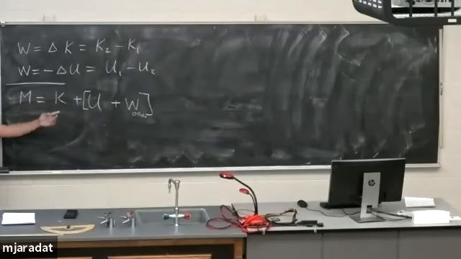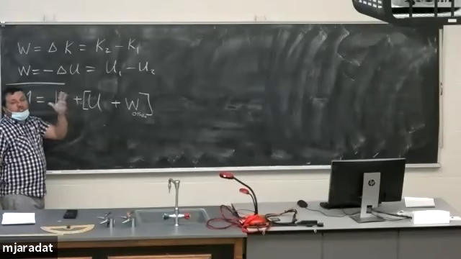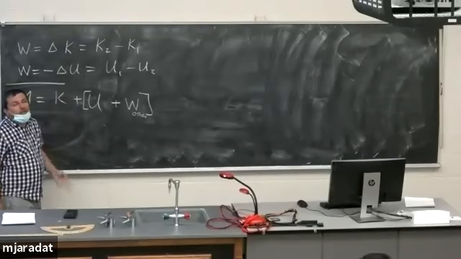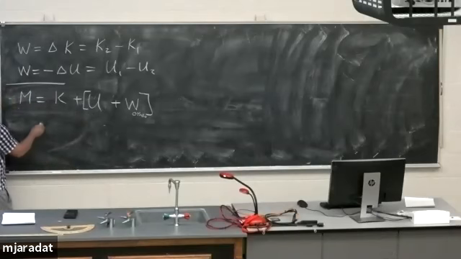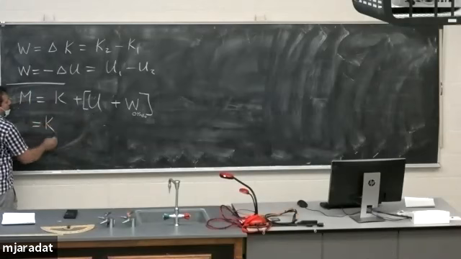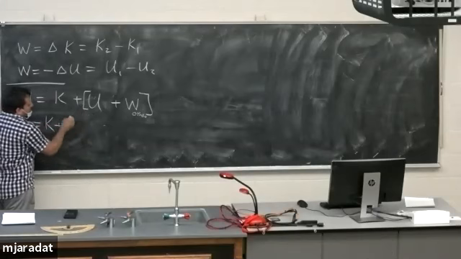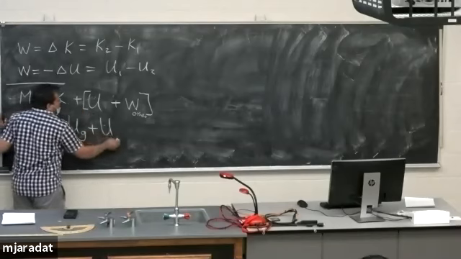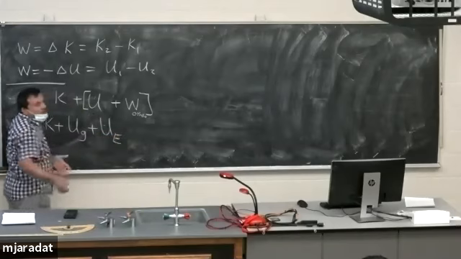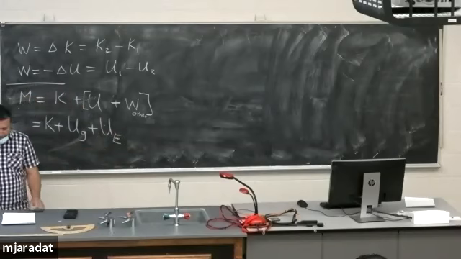This potential energy may be just one shape, as gravitational. Maybe it is the second shape we will deal with, which is the elastic. So the mechanical energy will be the kinetic energy plus the potential energy due to gravity plus the potential energy due to a spring force or elastic force.